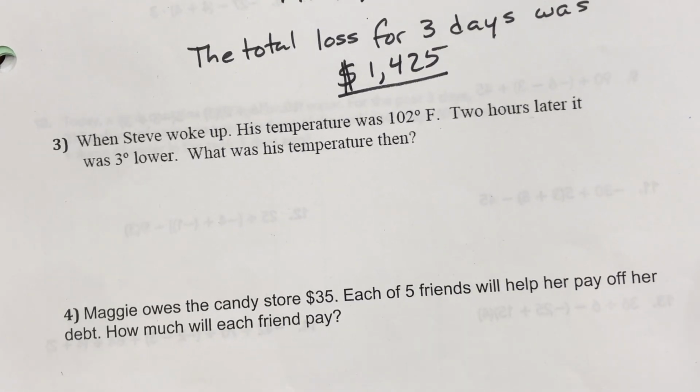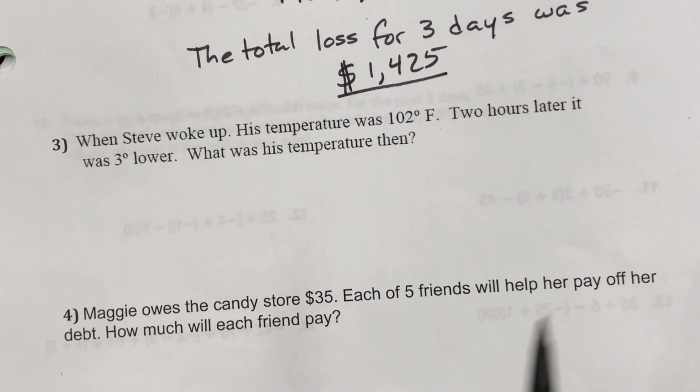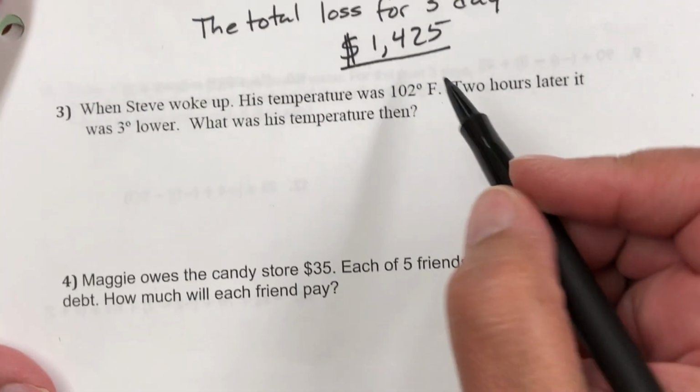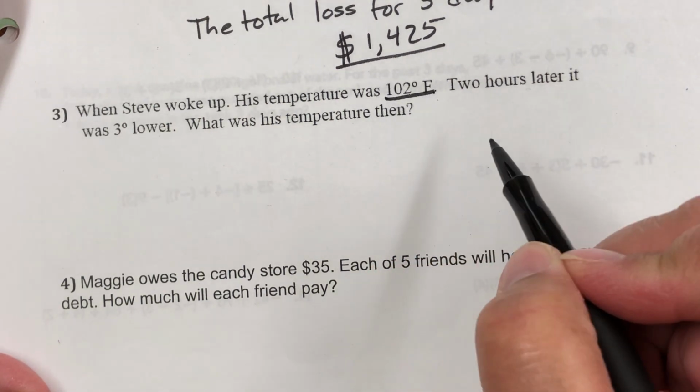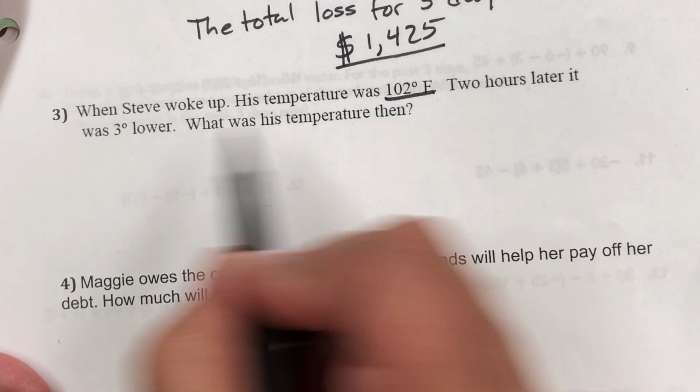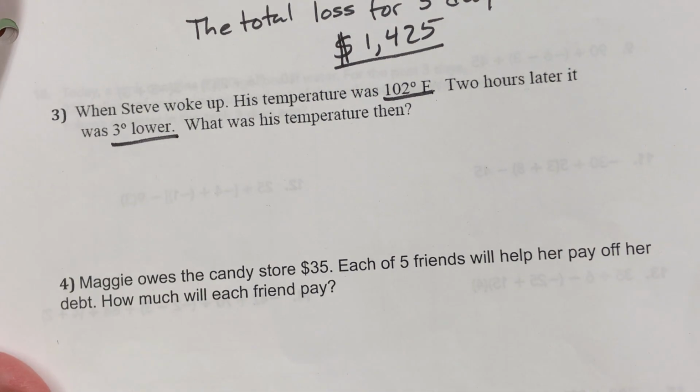When Steve woke up, his temperature was 102 degrees Fahrenheit. Wow. He better not come to school, because with a temperature, he can't come to school. 2 hours later, it was 3 degrees lower. Key word. What is his temperature then? Okay, so 102 degrees Fahrenheit, 2 hours later, 3 degrees lower.